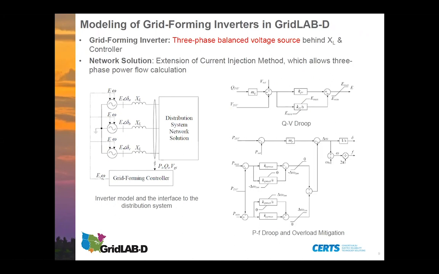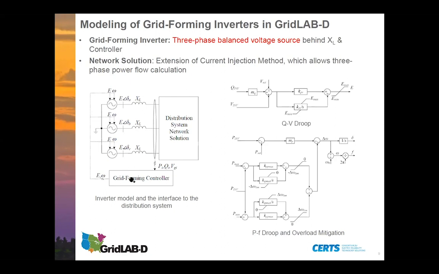For the grid-forming inverter, we model them as three-phase balanced voltage sources behind the coupling reactance. So the internal voltages are always three-phase balanced, and they are connected to the distribution system through the coupling reactance, and the distribution system is always three-phase unbalanced.